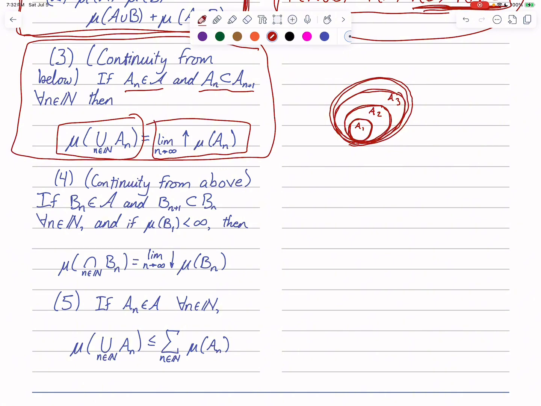Why is it called continuity? Well, an important real analysis fact that I feel in some analysis classes is not sufficiently emphasized is that continuity is in fact basically the same thing as the ability to move a limit from the outside of a function to the inside, or vice versa.